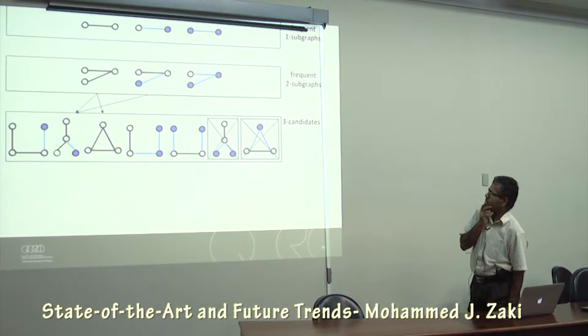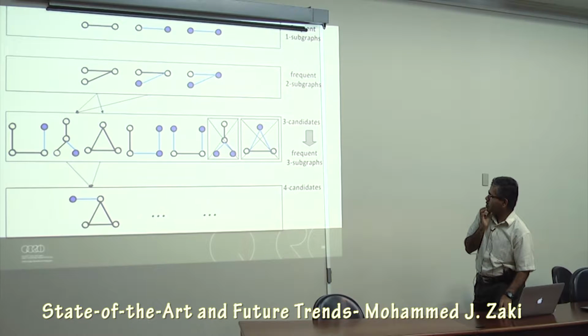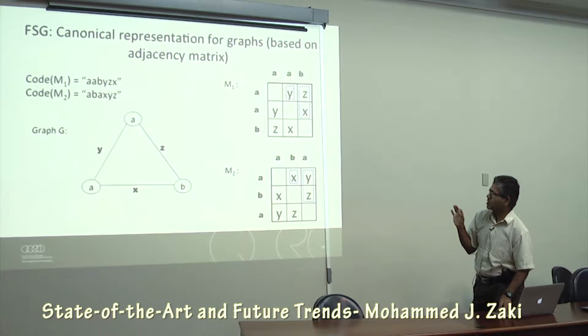When you're joining things, you either throw it away because it's duplicate, or you throw it away because it's not frequent. So anyway, you go on and try to combine things and get the next level. Okay, so the main thing I want to talk about now is this slide.